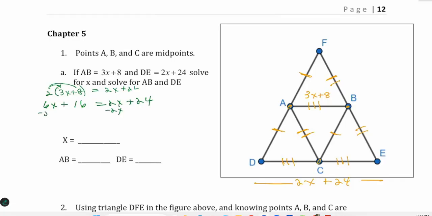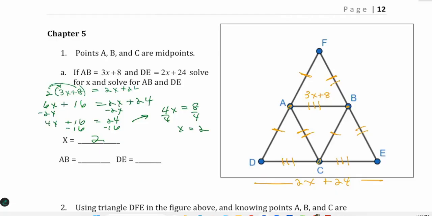Subtract 2x from both sides. 4x plus 16 equals 24. Subtract 16 from both sides. That gives me 4x equals 8. Divide by 4, and that gives me x equals 2.